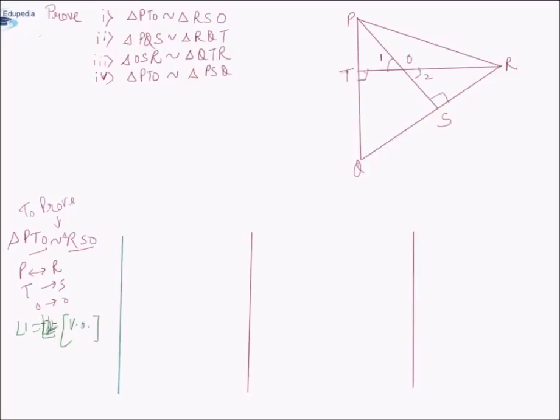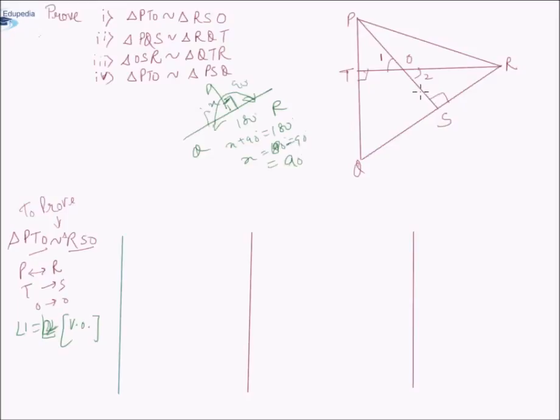Now there is no information about P and R, but see, QR is a line and PS is perpendicular to it. For a line, the complete angle is 180 degrees. So if this angle is 90 degrees, then this angle X plus 90 degrees will be 180 degrees. So angle X will be 180 degrees minus 90 degrees, which is 90 degrees.